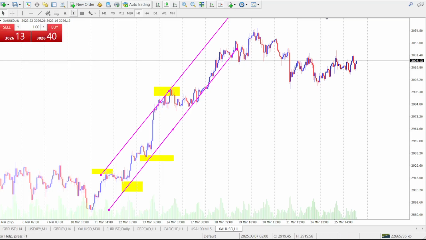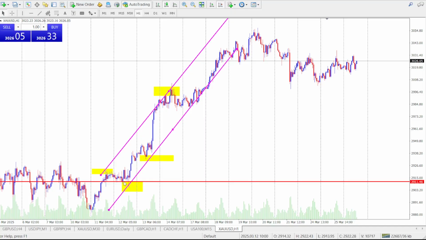Once you have identified the pattern, the next step is knowing how to trade it effectively. There are three main ways to trade the ascending channel pattern. The first is buying at support. When the price touches the lower trend line, it often bounces back up.